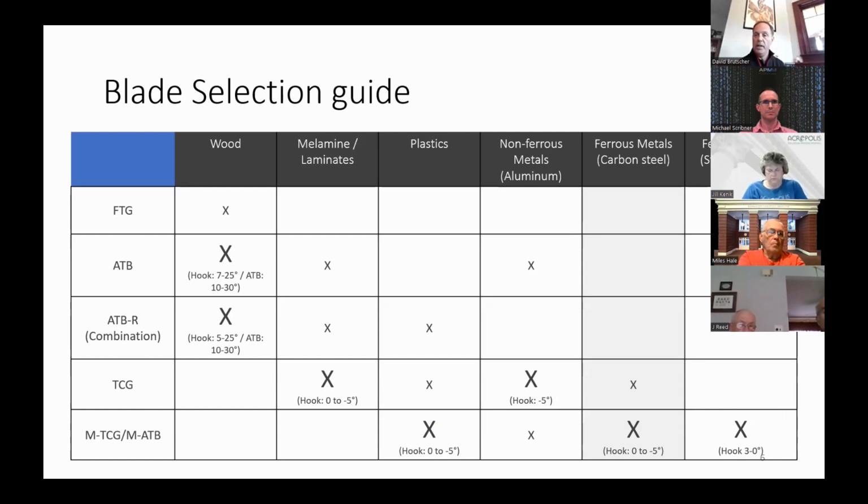You can also use it for melamine and laminates, but because they are way more chip-out prone, I don't normally suggest those. For the ATB, I think wood and melamine and laminates is really the best for that product. And if you're looking at a hook angle, generally 7 to about 25 degrees is where you want to be.